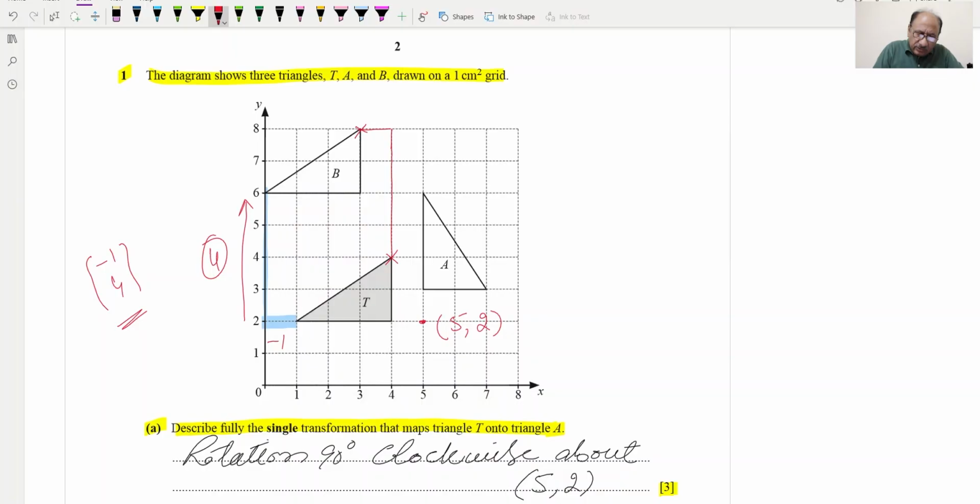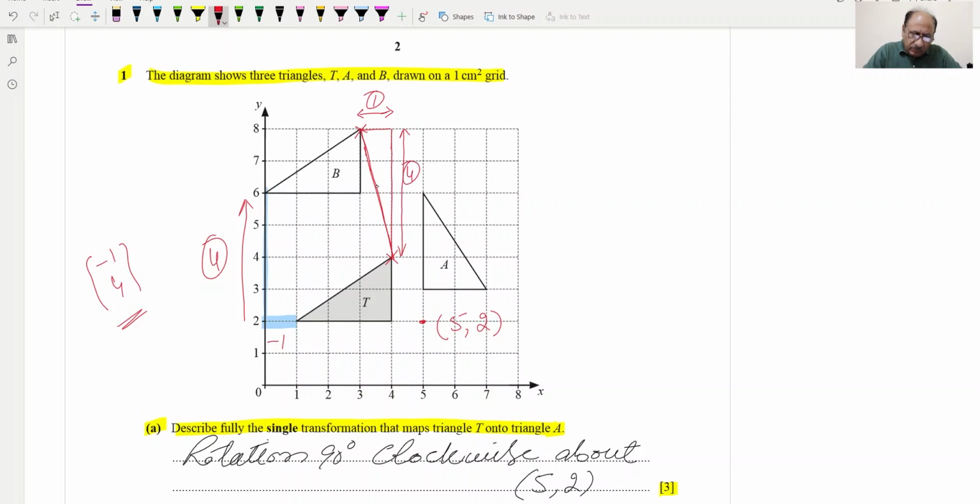The direct route we can draw roughly like this one. So this will be our direct route, and this side is 1 unit, and this side of the triangle is 4 units.